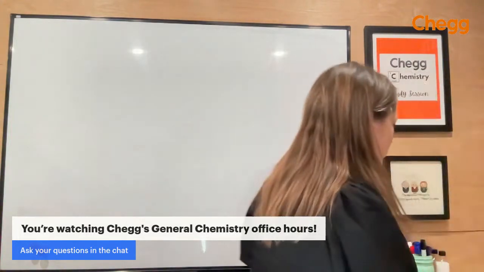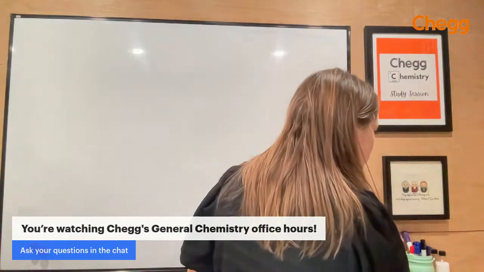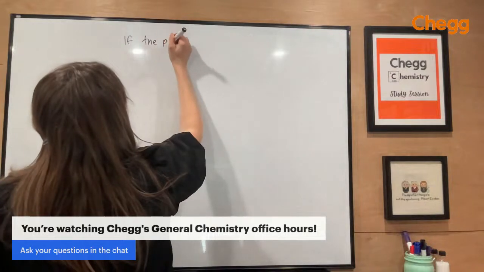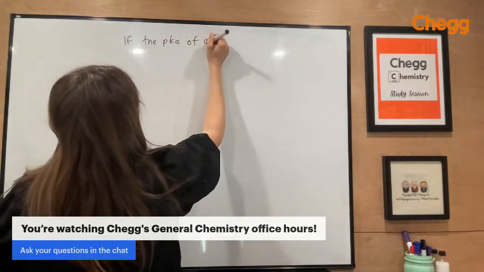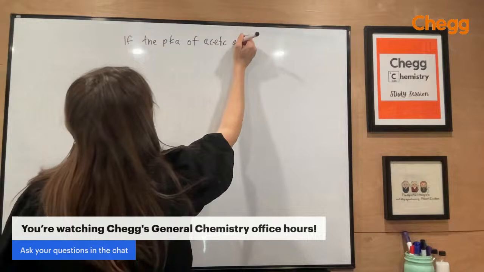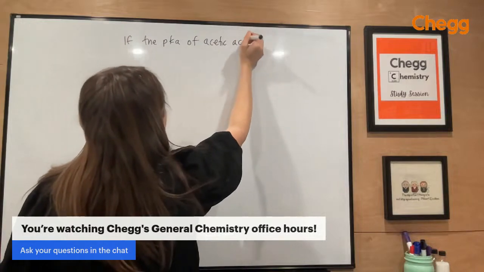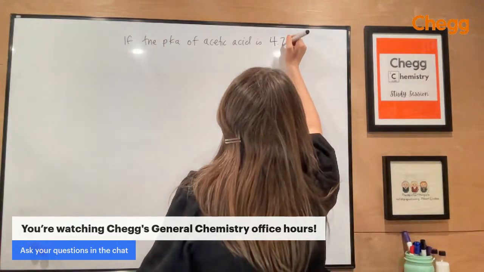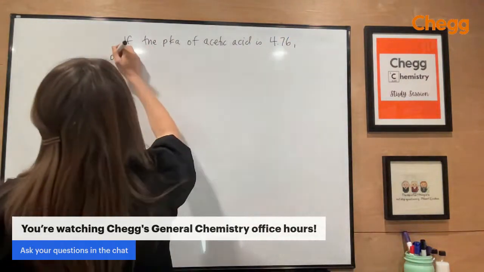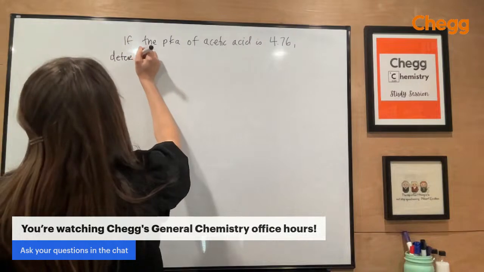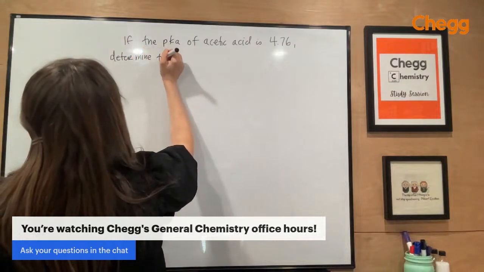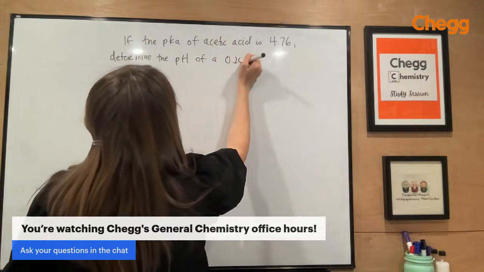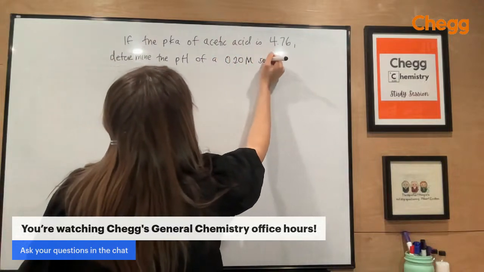So let's say I'm going to write out a problem and we'll talk through all of that. So if the pKa of acetic acid is 4.76, and I don't know, a 0.2 molar solution.